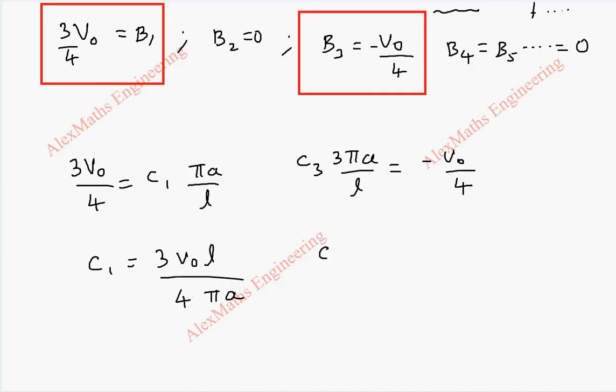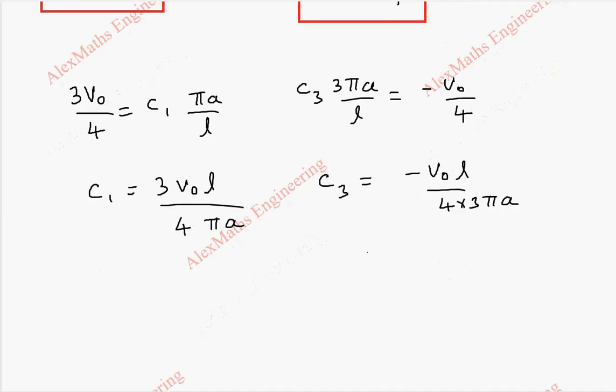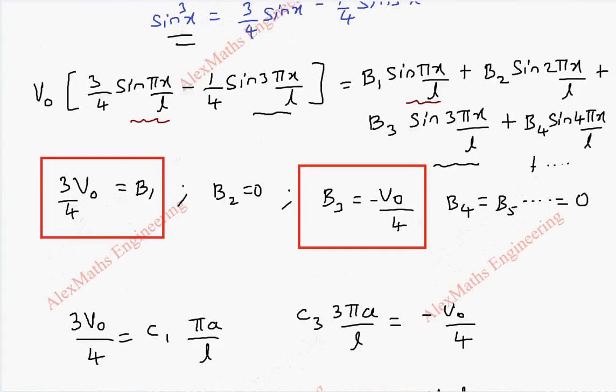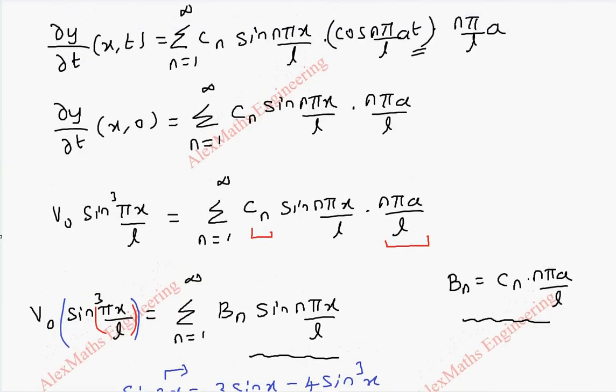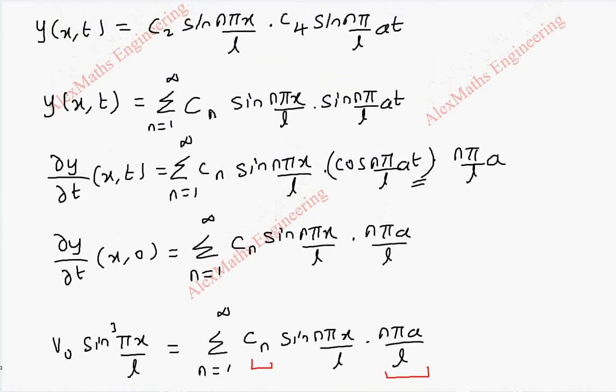So from this C3 will be minus V0 by 4 and L will go here into 3 pi a in the denominator. So finally we got C3 as minus V0 L by 12 pi a. So these things we are going to substitute in our solution.